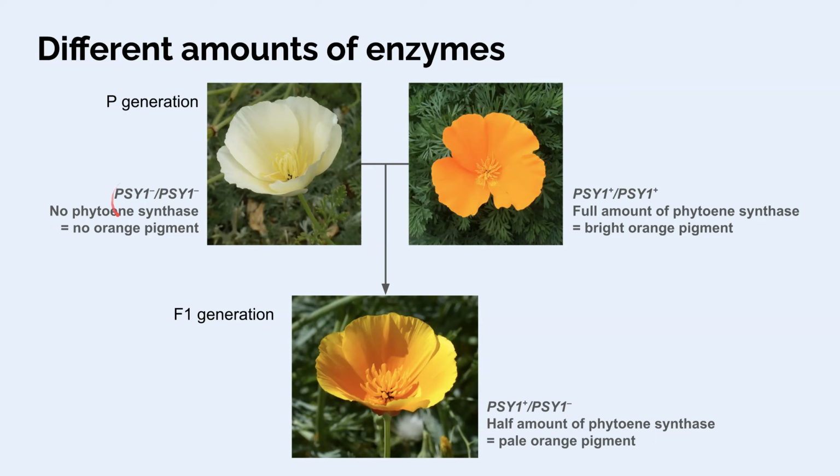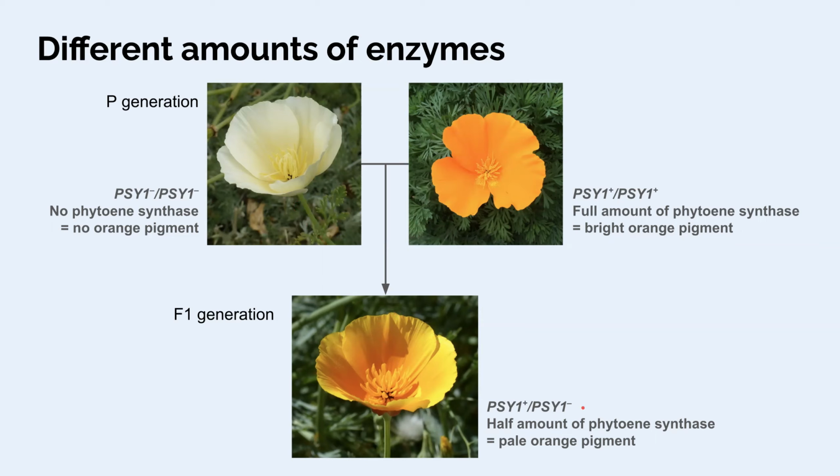So no ability to make the orange pigment in the minus allele homozygous individuals, and full ability to make the orange pigment in the homozygous plus allele. And knowing that, we can understand what happens in the F1 generation, where a combination of the plus from the bright orange parent and the minus from the white flowered parent combine together.